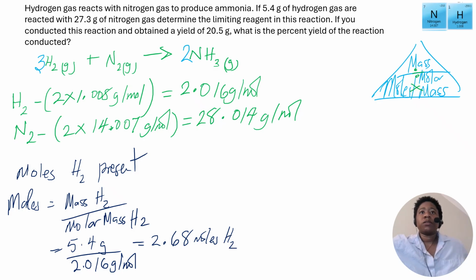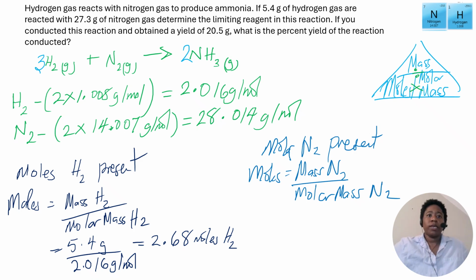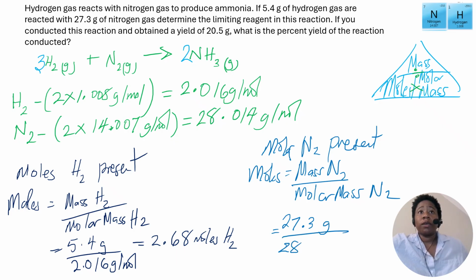Okay, next let's do the moles of nitrogen present. We know that's going to be equal to mass of nitrogen divided by the molar mass. Question again tells us that we have 27.3 grams. So 27.3 grams, and we calculated our molar mass, 28.014 grams per mole.